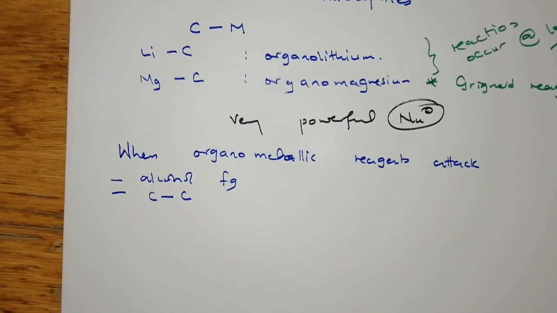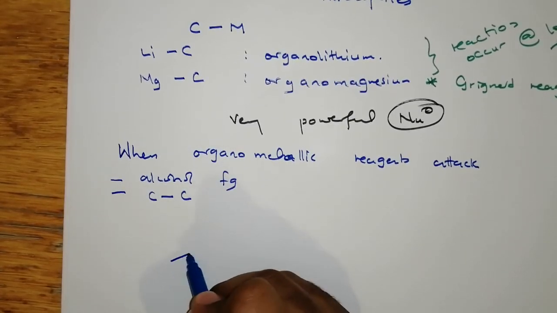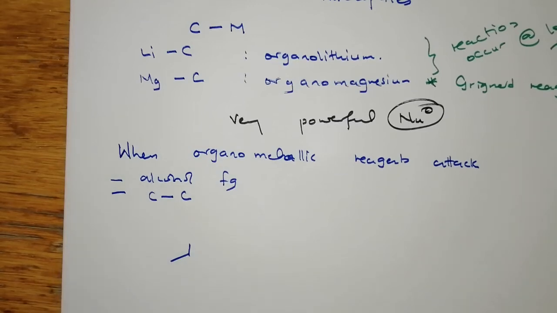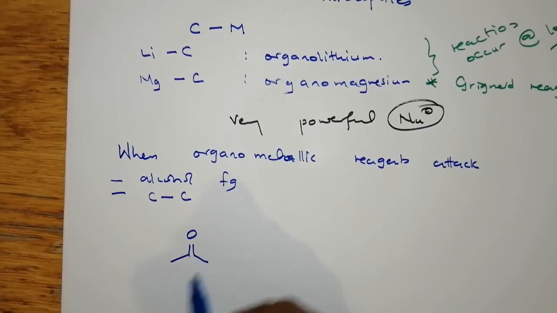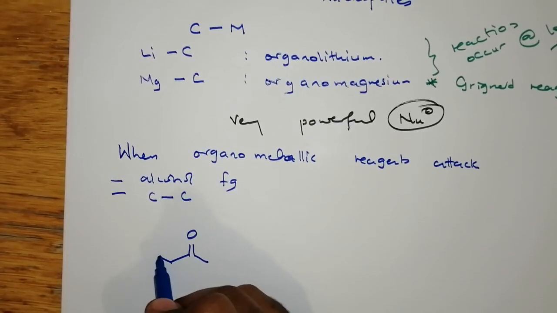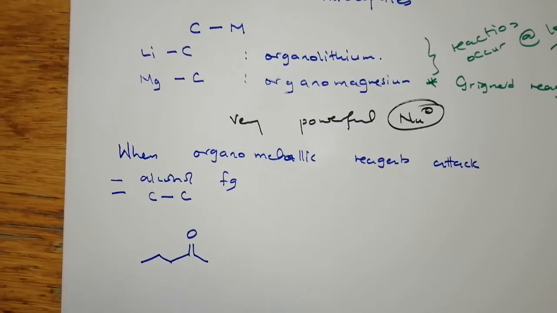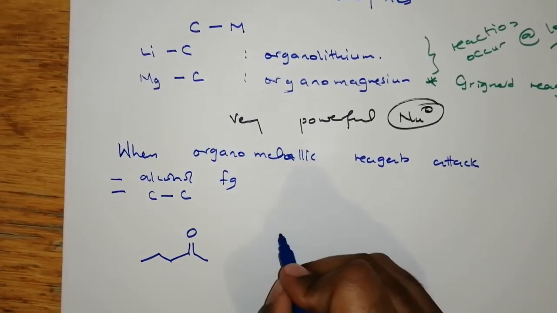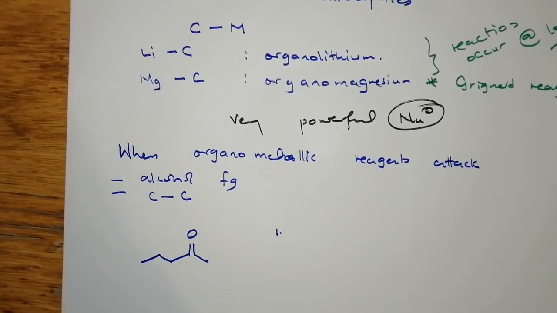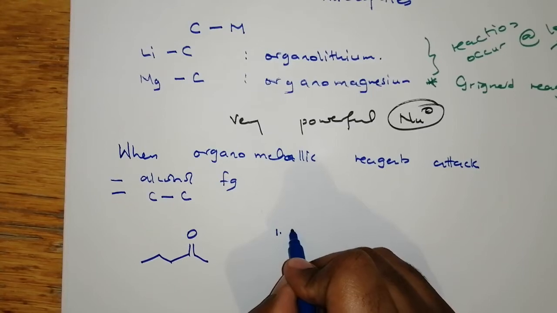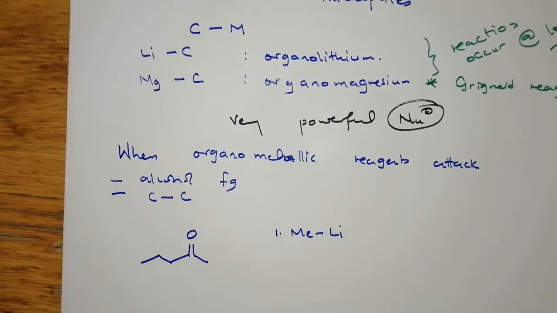Okay, so basically, let's say we've got a reaction here. These organometallic reagents are going to be added to ketones and aldehydes. Let's say we've got this guy right here, and then we've got, let's say, MeLi.